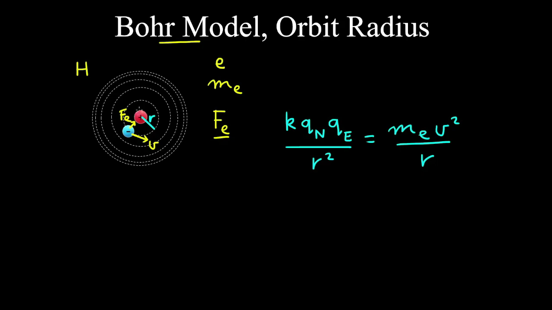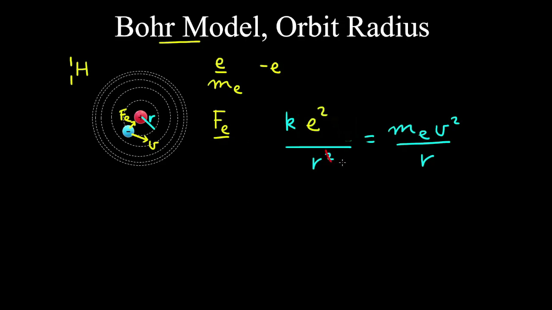So in the hydrogen atom, there's only 1 proton in the nucleus and no neutrons. So therefore, the proton has an elementary charge e, and the charge of the electron is the negative of the elementary charge. But what we do here is take the magnitude of charge. So therefore, we have the square of the elementary charge in the numerator.